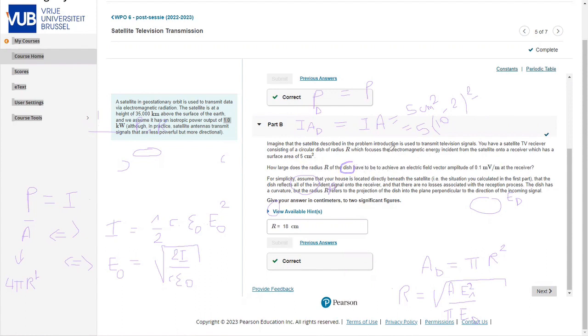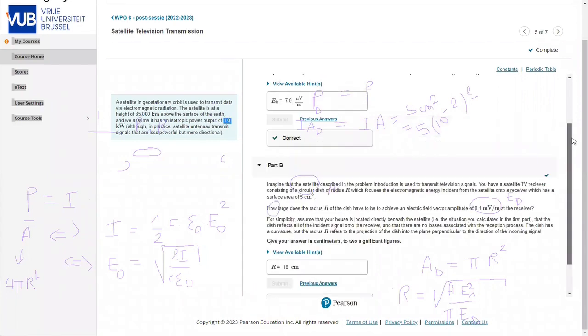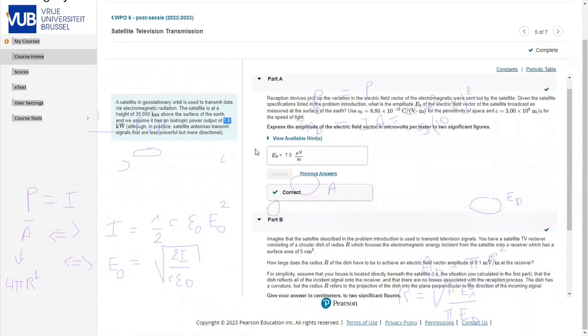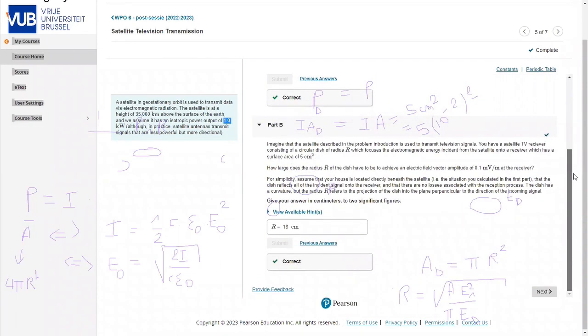So basically, that's just a disk. It's another surface. You have also another amplitude, but the amplitude from the previous one is also used in this. You have to use this also for part B. So basically, what you have to do is just this.